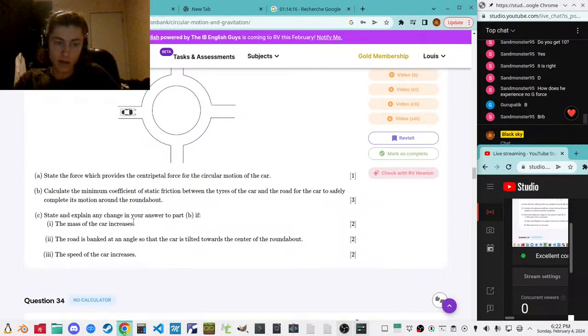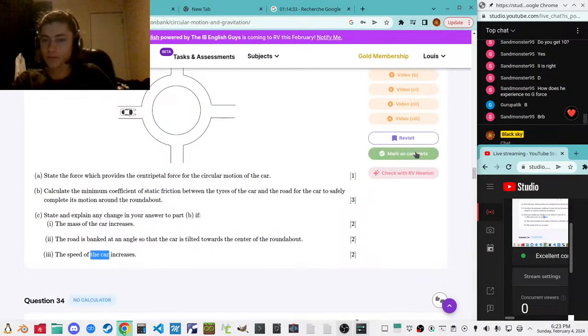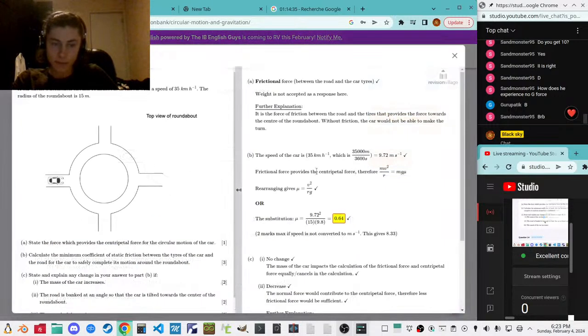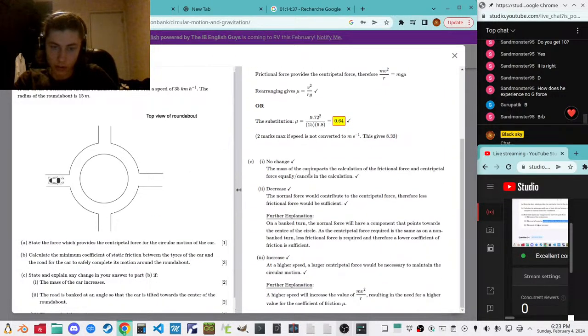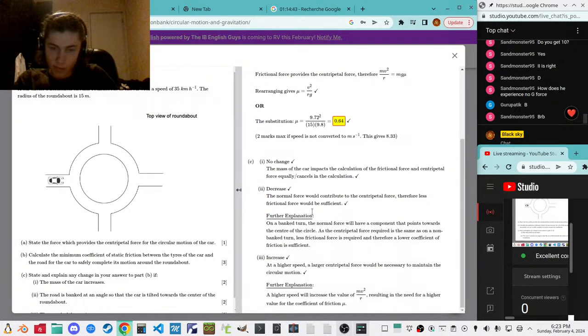No, that would increase. Or the speed of the car increases. Basically this would make it better, this would make it worse. No change. Yeah, but we literally have... oh, this cancels. Decrease and increase.